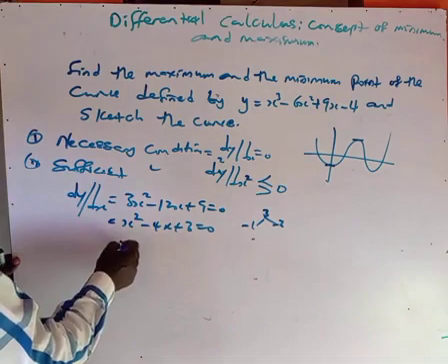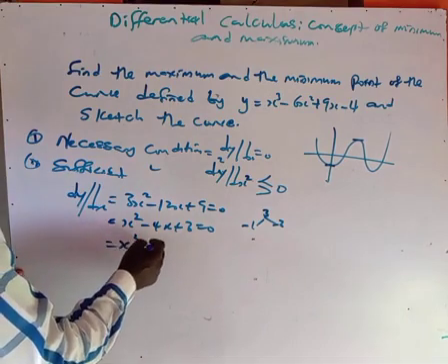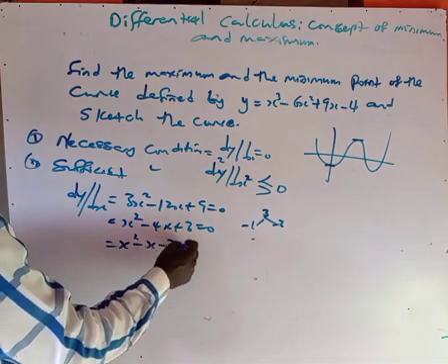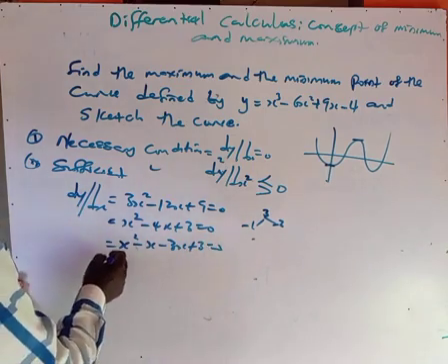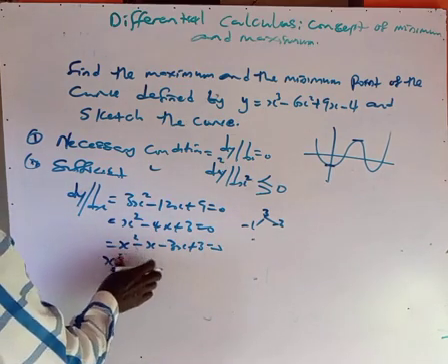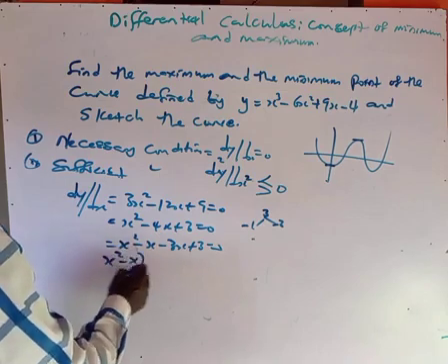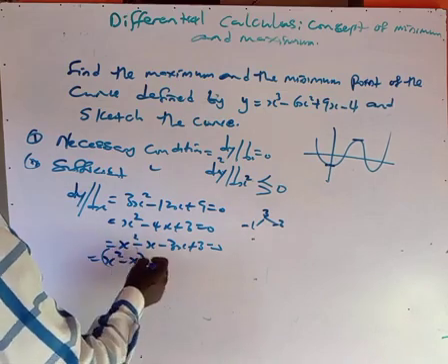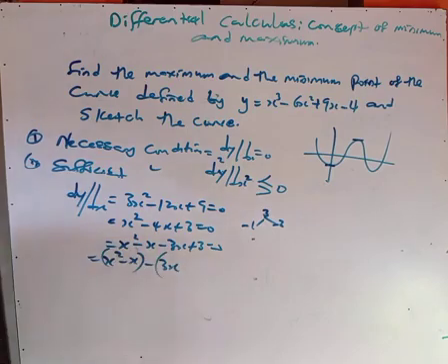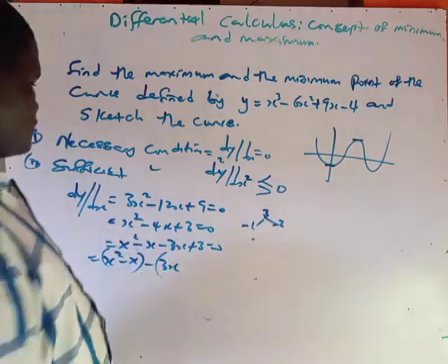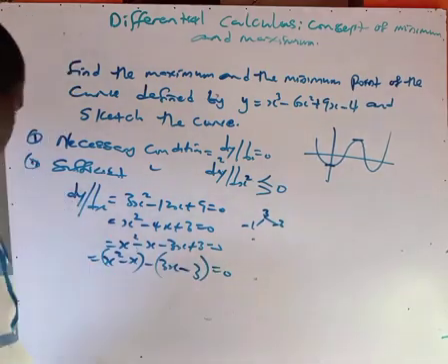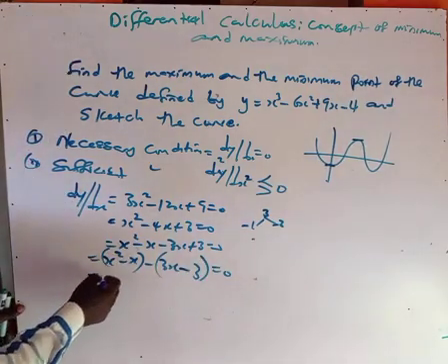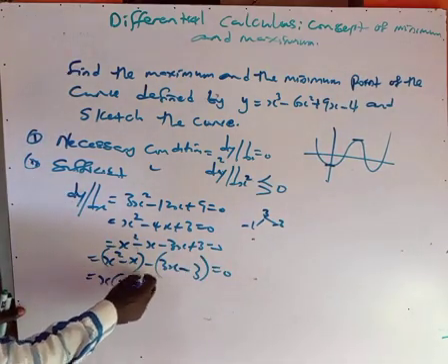So here you will have x squared minus x minus 3x plus 3 equal to 0. So x squared minus x in brackets, minus 3x, and minus times minus will give you plus 3, equal to 0. You factor out x, it will remain this.